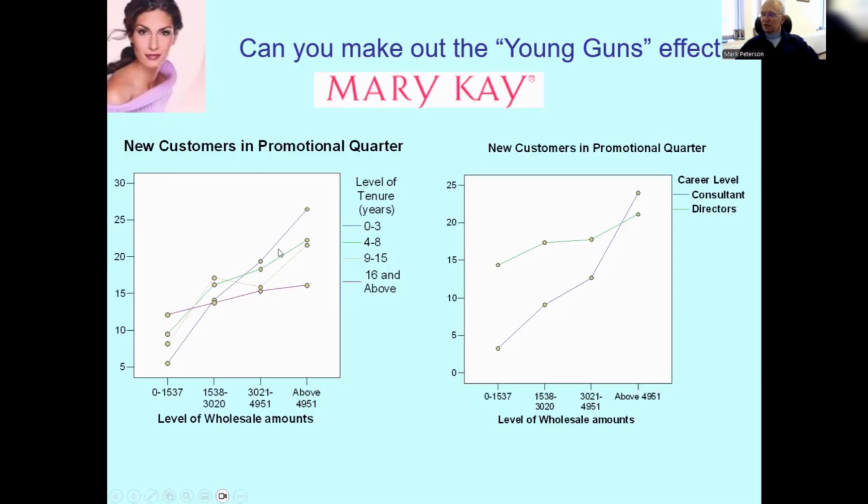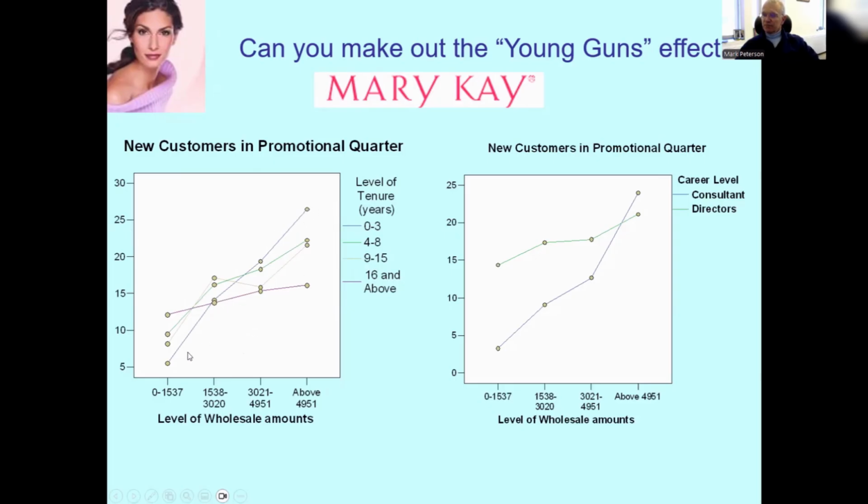These are the young guns. The green group is 4 to 8, and then we have 9 to 15 years, and 16 and above. Those groups look a little more even than the young guns.